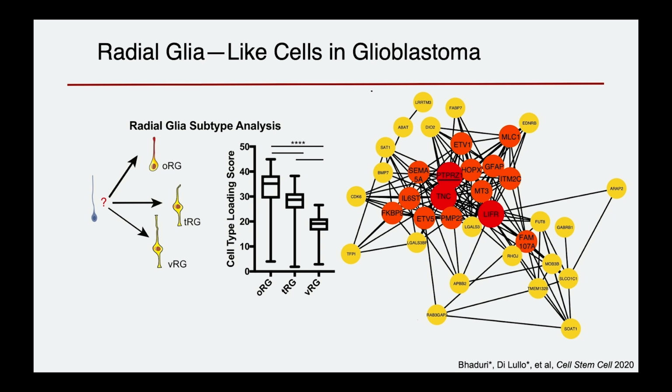They're very sparse in mice. And so seeing that here suggests a human-specific or human-enriched feature of these tumors. Shown here on the right is the network that is preserved between the developmental outer radial glia and the glioblastoma outer radial glia. And one of the top genes in the middle of this is this gene PTPRZ1.